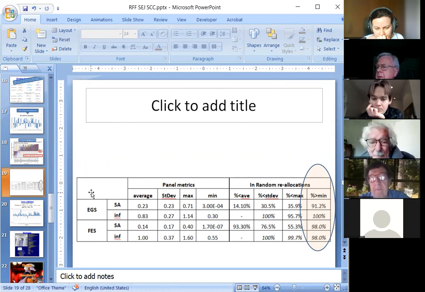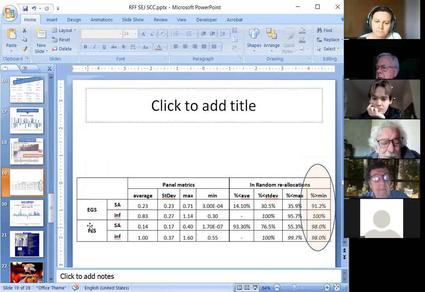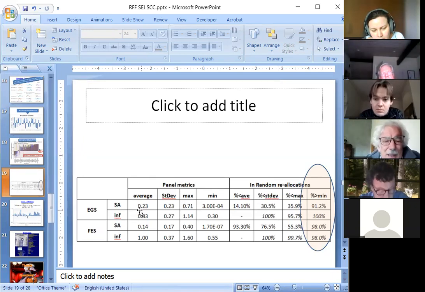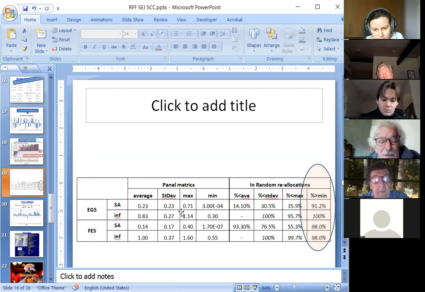So if we look at our two panels, the economic growth scenario and the future emission scenario, statistical accuracy and informativeness, I'll just go through one of these to explain what it's doing. So the average statistical accuracy for the EGS panel was 0.23. The standard deviation of statistical accuracy was 0.23. And the maximal statistical accuracy score was 0.71.